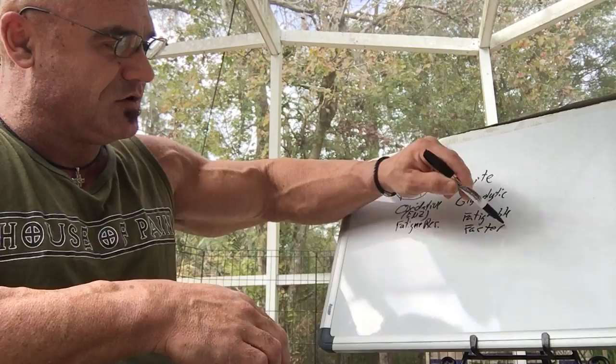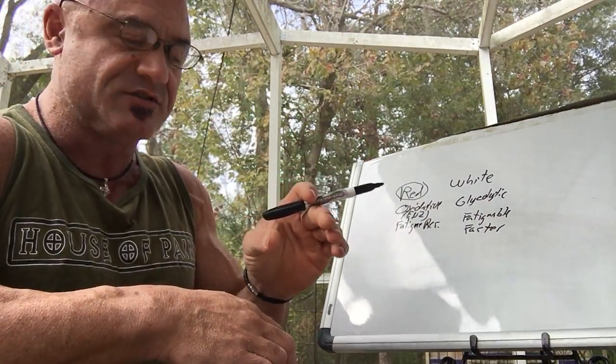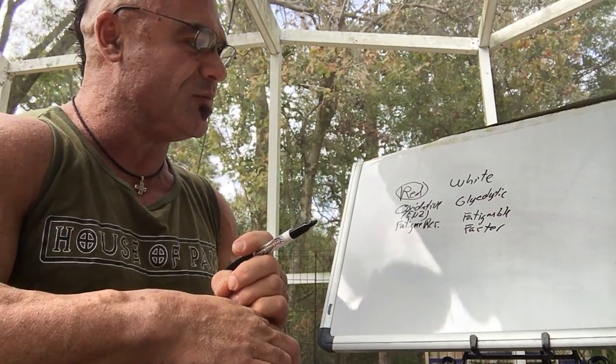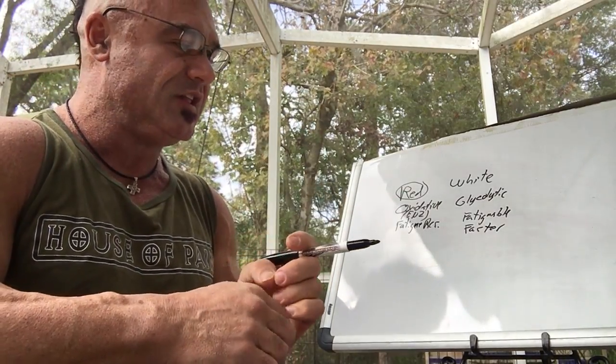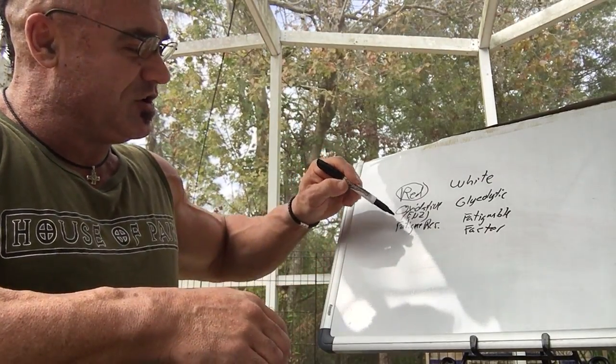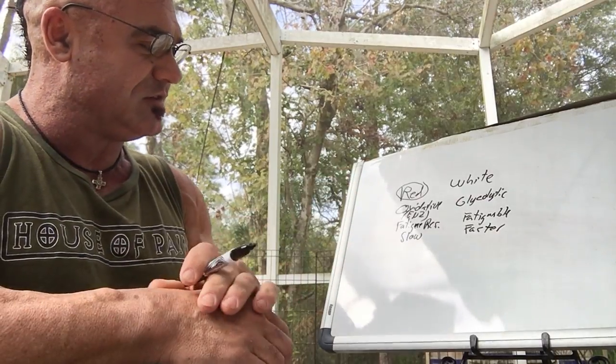If we look at the twitch property, so you send a singular impulse or you force that muscle to contract in an experimental setup that allows you to do so, you're going to have a very fast twitch here, whereas here you're going to have a slower muscle.